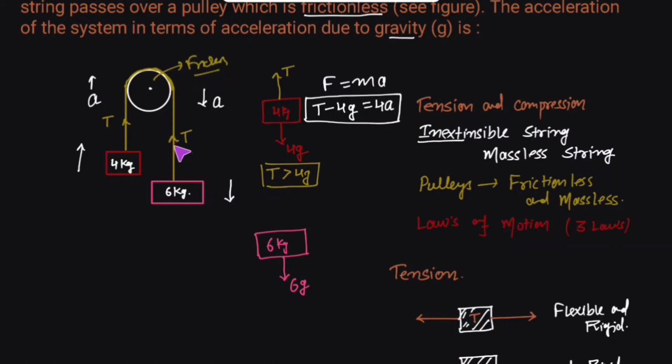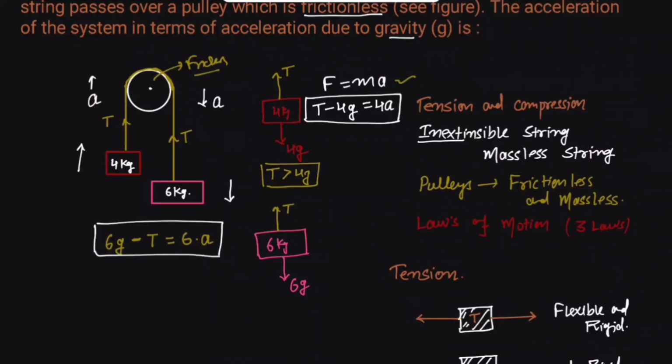So upwards there would be a force of T. This block is moving downwards, meaning this 6g force is more than tension. So what we can write is 6g minus T is equal to, so F is equal to ma formula. Force, net force would be 6g minus T. Mass is 6 and net acceleration would be a, downwards.